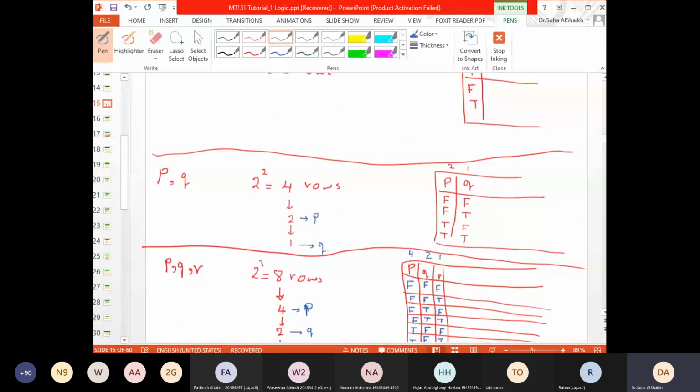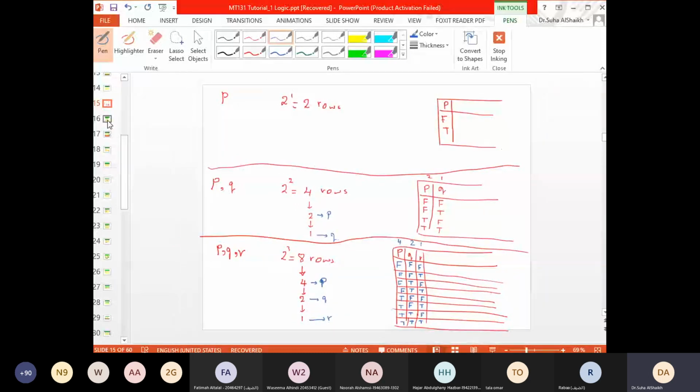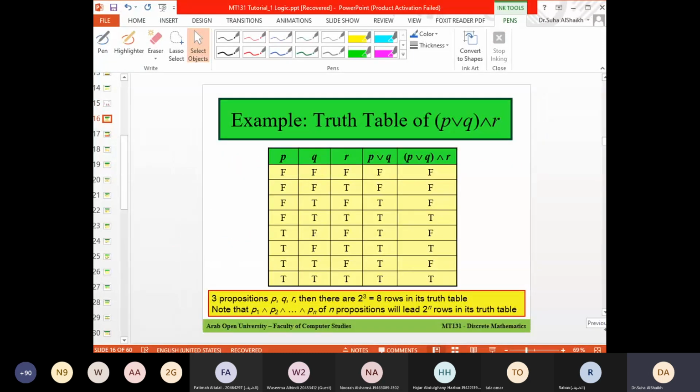الحين next thing we will have an example. شايفين example?